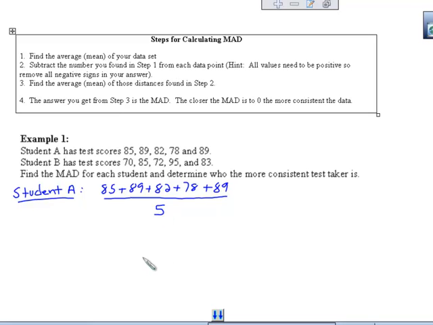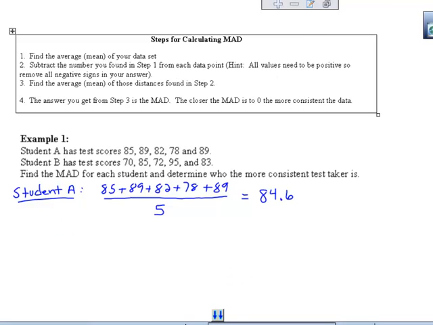Divide by 5. This will get me the mean of student A. The mean for student A, if you calculate all these and then divide by 5, should be 84.6.